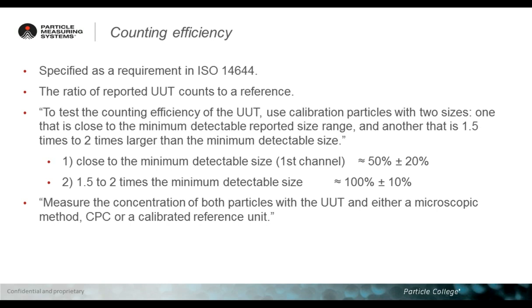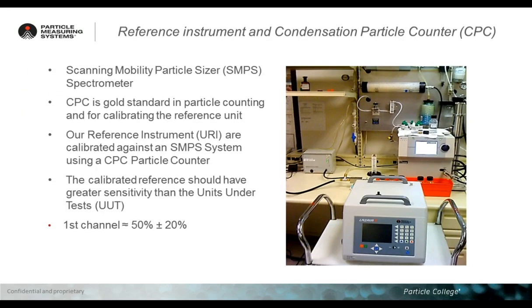A reference unit is, let's say, the gold unit that is used to verify your instrument performance. Of course, this reference unit is also calibrated, but the calibration of this reference unit employs a different system, we may say a little bit more complex and complicated.